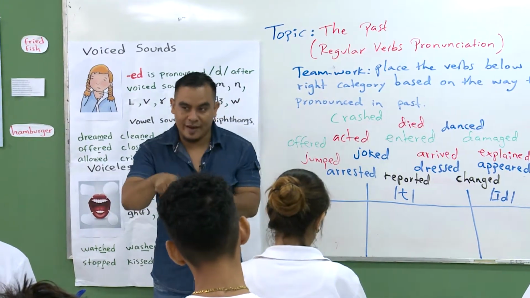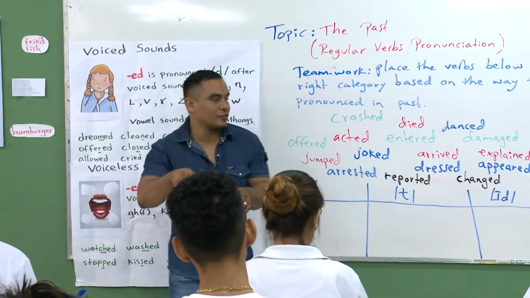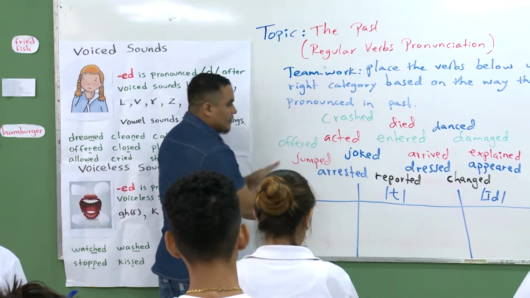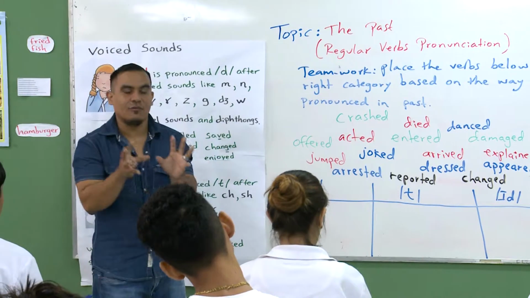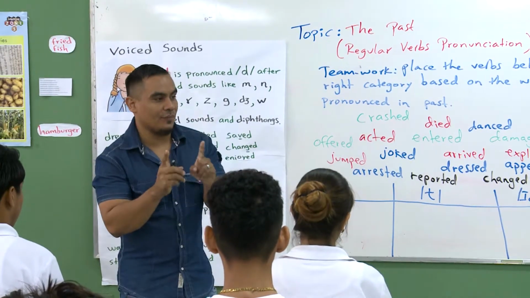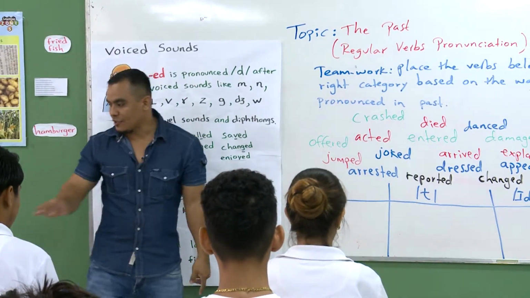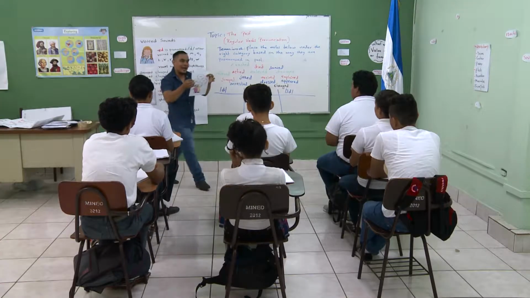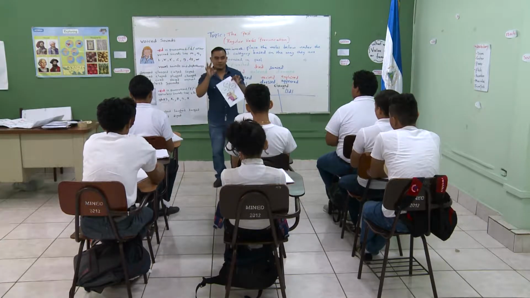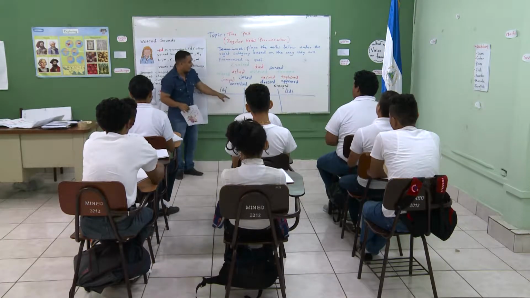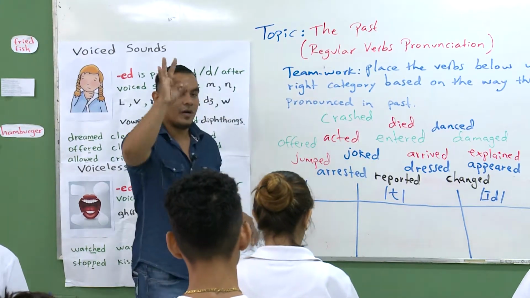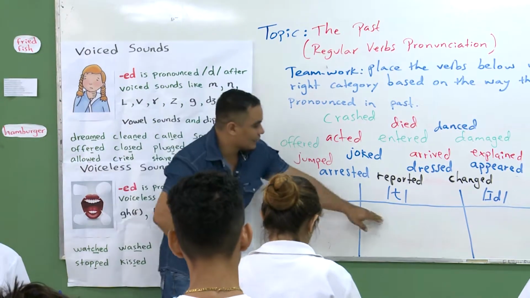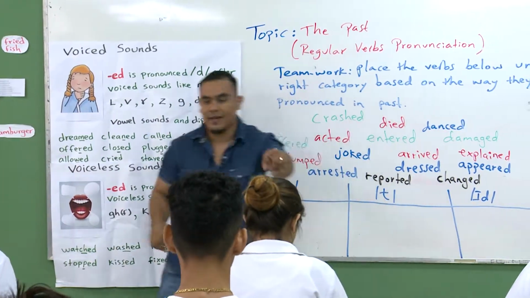You're going to stand in circles and categorize these verbs based on the way they are pronounced in the simple past tense. I already showed you the pronunciation chart. I told you that there are 3 ways to pronounce, and now it's time to work in groups. Groups of 3 now, and place the verbs under the right category.